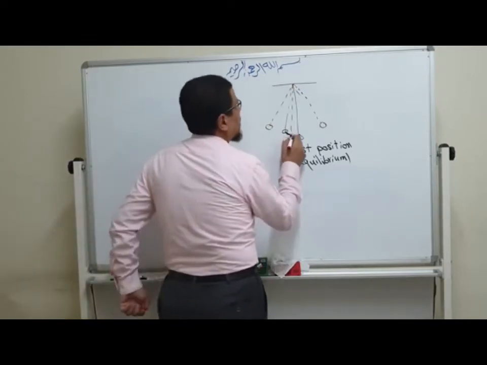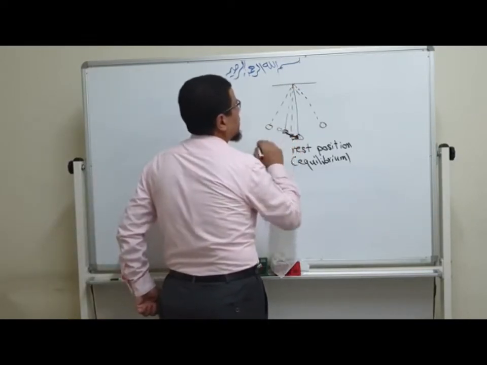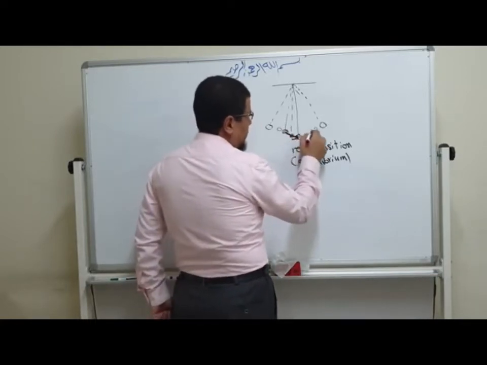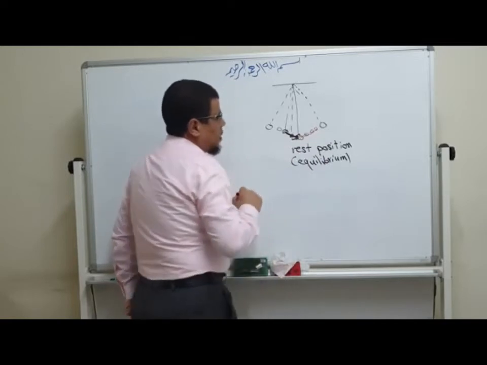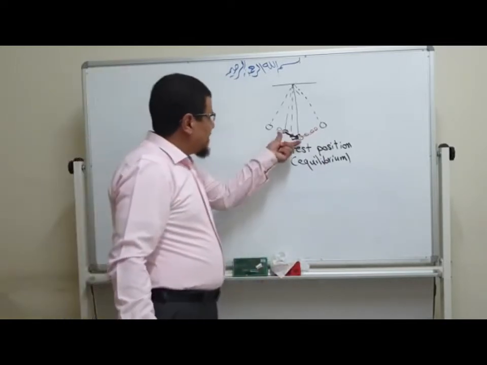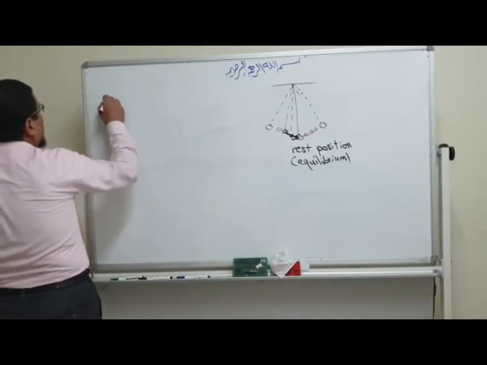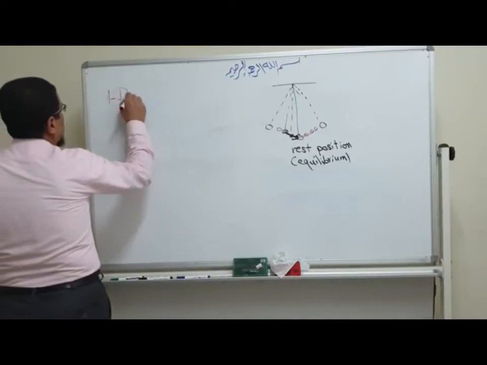After a while, it can be here, or here, or here. It can be at a distance from here, at a distance, and a distance. Okay, what are these distances called? These distances are called displacement.